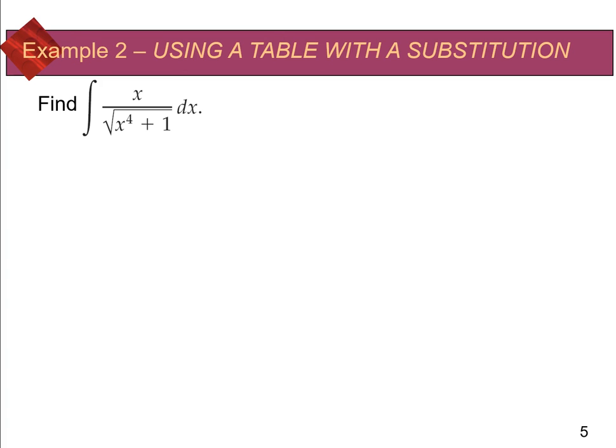So, for instance, if you have this format here, if you look very carefully, we do not have any x to the 4th powers in any of those general forms. However, I can think of this as being x squared squared, and I can think of this as being 1 squared.